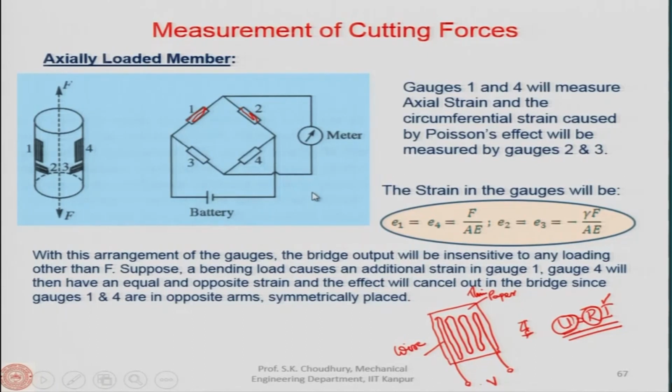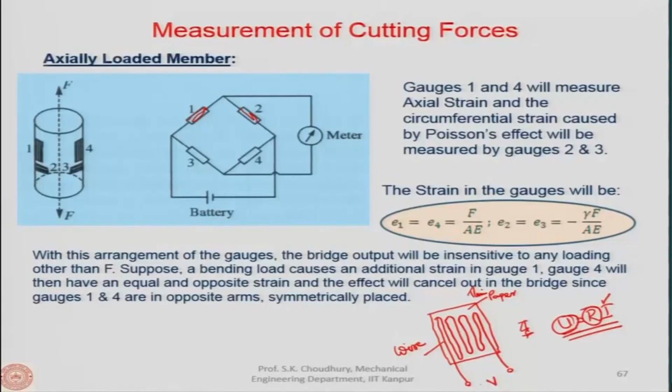Now, of course, these strain gauges are quite old fashioned, in the sense that these days strain gauges are no longer used because they are not very reliable. They are made of very thin wires. This is a spiral wire which is very thin because it has to be very sensitive.